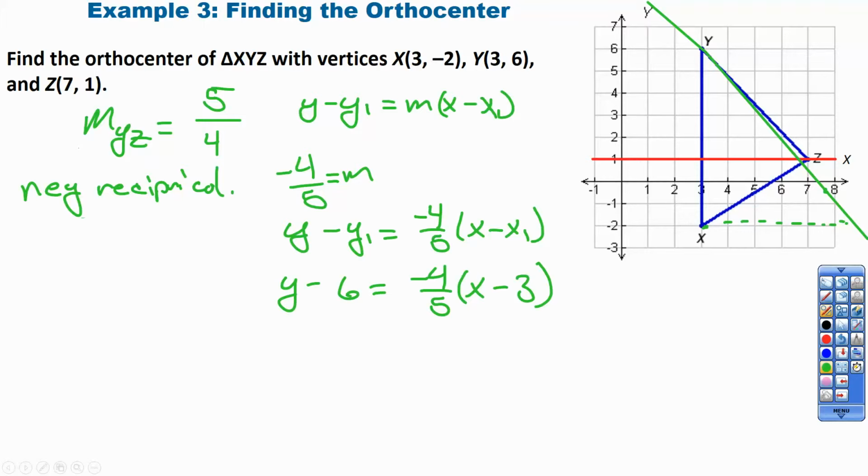Or perpendicular to that, which would be something like that right here. So I need to use point X. So I start here and I use that. So if it's down 4, let's go up 4, 1, 2, 3, 4, and to the left 5, 1, 2, 3, 4, 5.